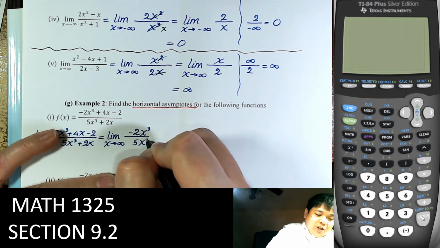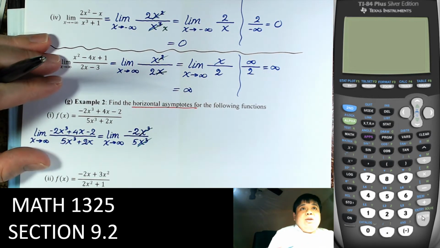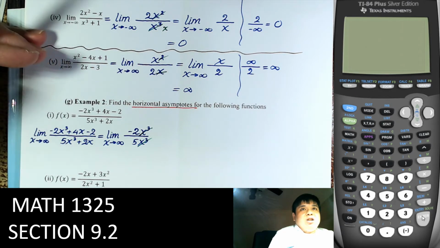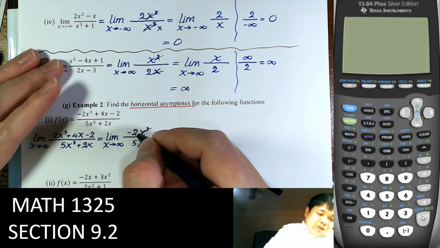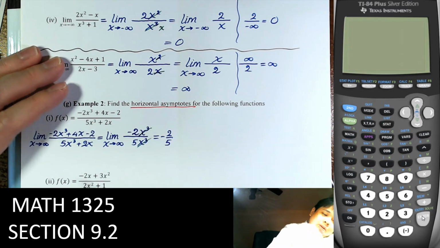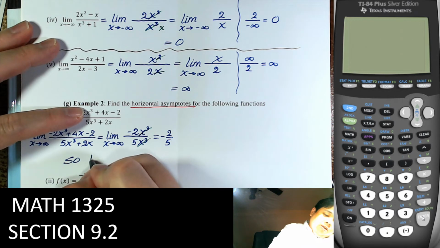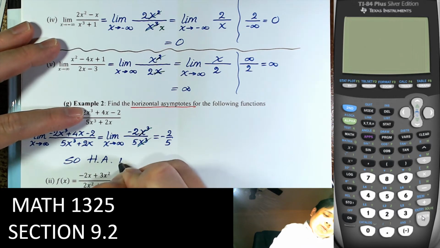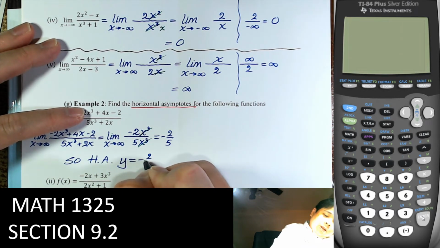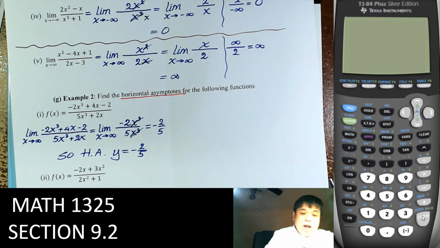This cancels out x cubed and x cubed. We just have negative 2 over 5. That's a constant, so that will be just negative 2 over 5. Because we find the limit, we say that is the horizontal asymptote. We still need to check when x goes to negative infinity.